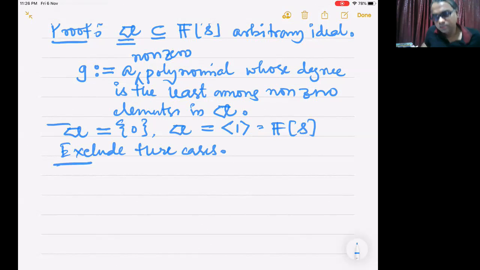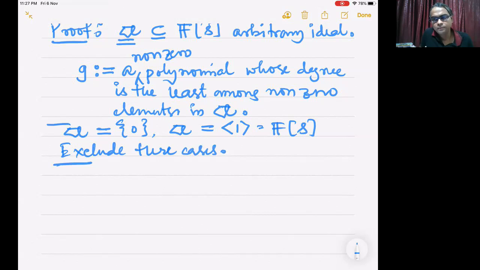So if that is the case, then there are these non-zero, non-constant polynomials in A. Among these, because it's non-constant, its degree is at least 1. Yeah, if not 1, then 2, if not 2, then 3, and so on. So there is a lower bound to these degrees.